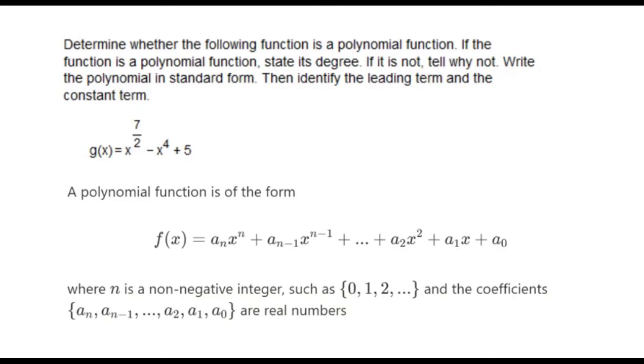And looking back at our function that was given to us, remember we want to determine if this is a polynomial function. You can see that the power on x is 7/2, which is not on our list of values. So we can say that this is not a polynomial function.